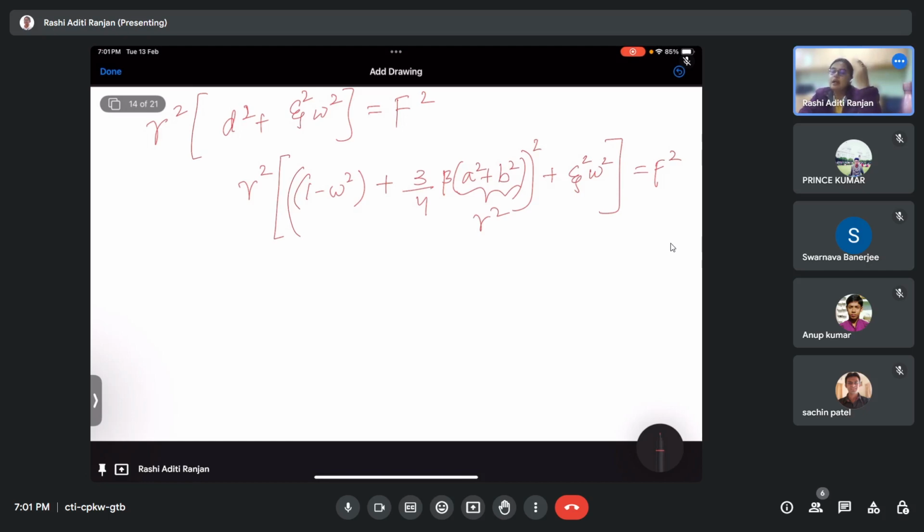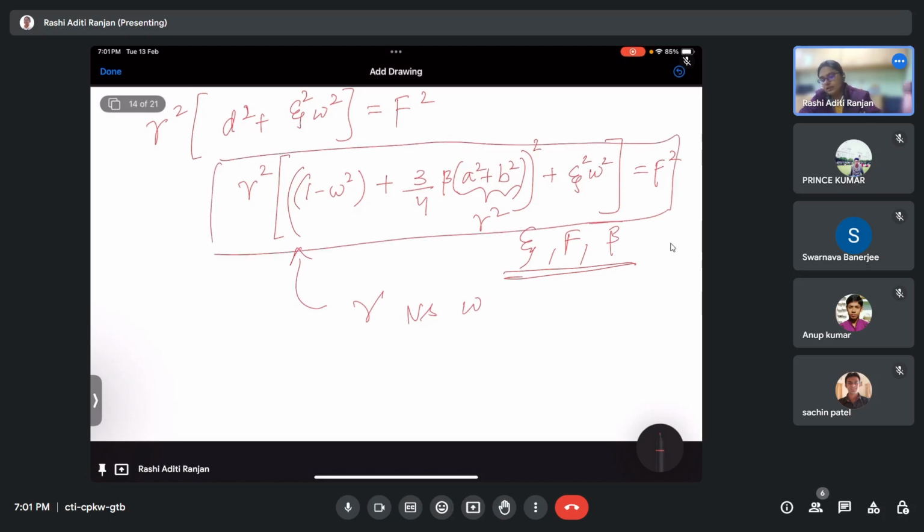So again, I can plot for a given value of epsilon, for a given value of F, and for a given value of beta, gamma versus omega from this expression. And by getting this, I solve the question as well.